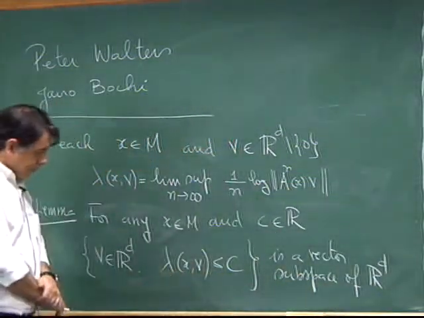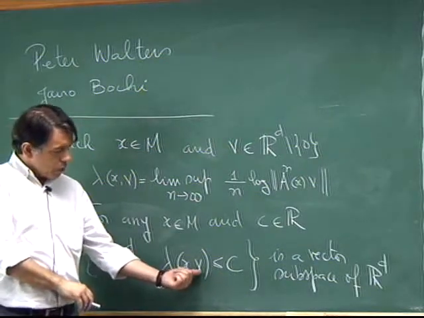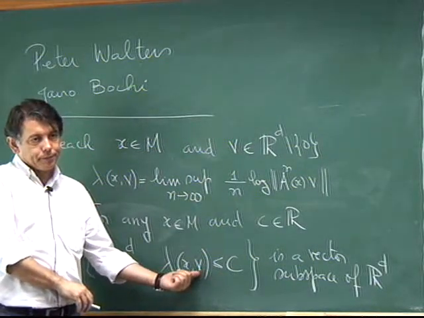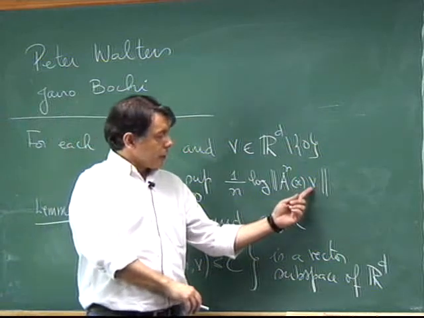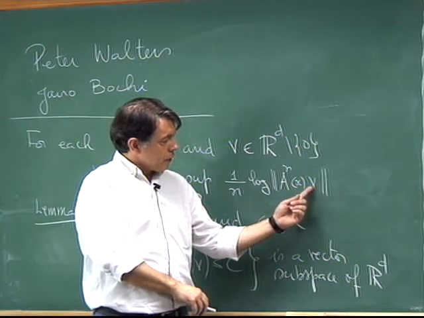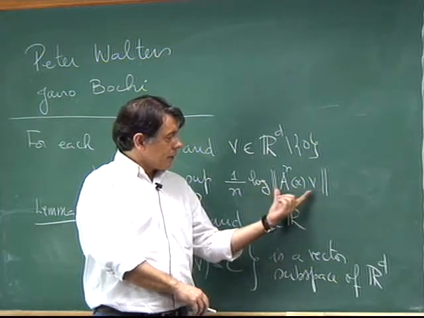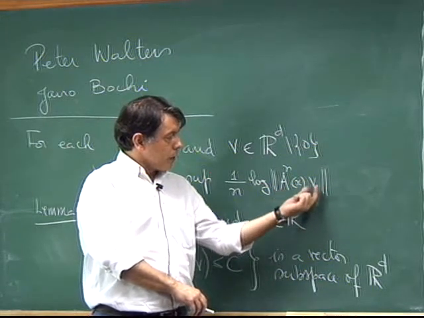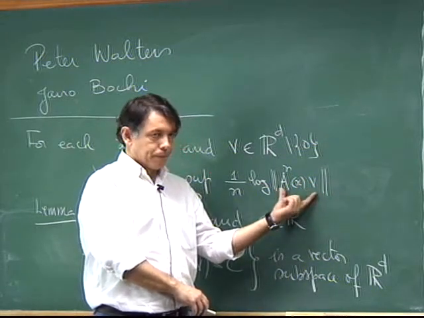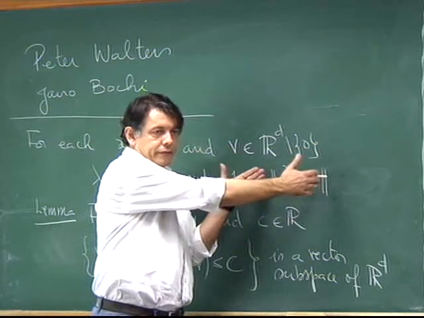What about the sum? Suppose you have two vectors v1 and v2 and they are here. Let's look at the sum, v1 plus v2. By linearity, that is the sum of A_n(x)v1 plus A_n(x)v2. The norm is subadditive.